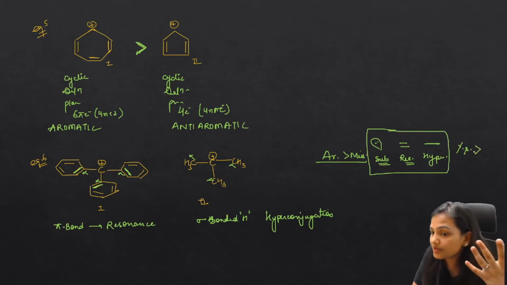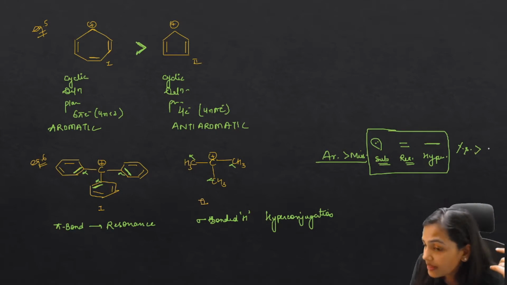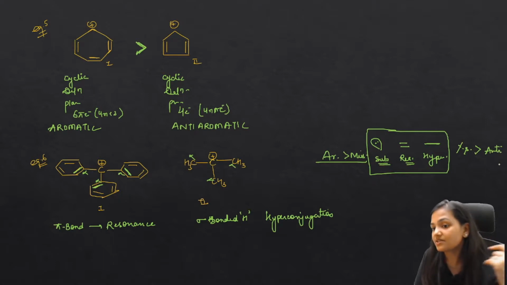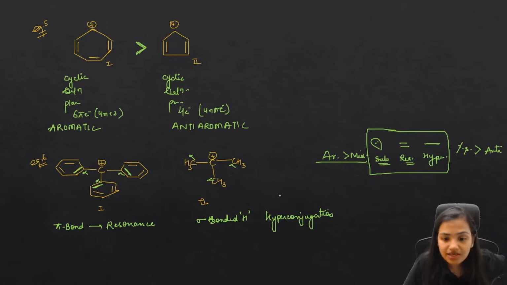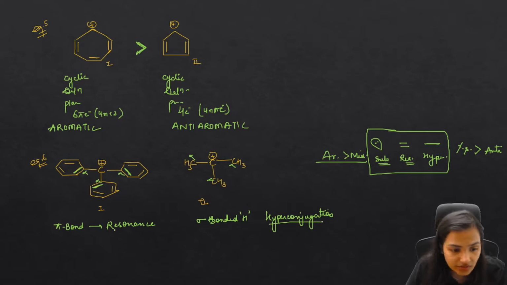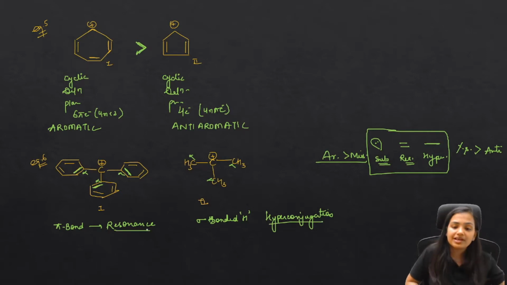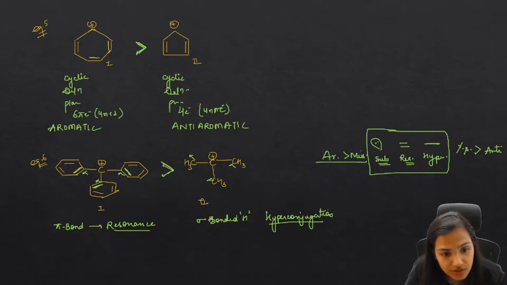Again and again I am repeating so that you will be able to learn the order. After the percentage of s character comes anti-aromatic. So these are the 7 things, 4 plus 3, that we have to focus on. Ultimately, out of hyperconjugation and resonance, which is the more predominating factor, which could be a better nucleophile? Resonance, absolutely, the pi bond. So this is going to be more stable.